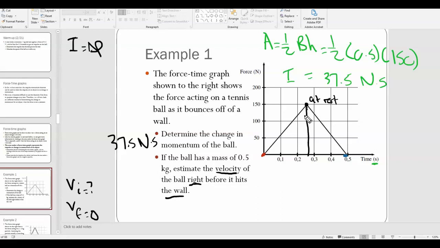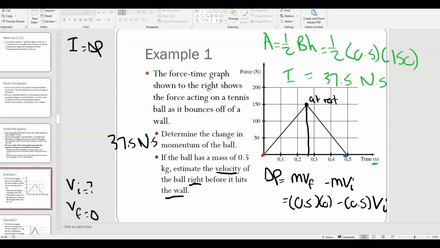We also know that the area of this first triangle right here represents the change in momentum, which is m v_final minus m v_initial. On the right side, I know the mass is 0.5, I know v_final is 0, and this is 0.5 times v_i, which I don't know.